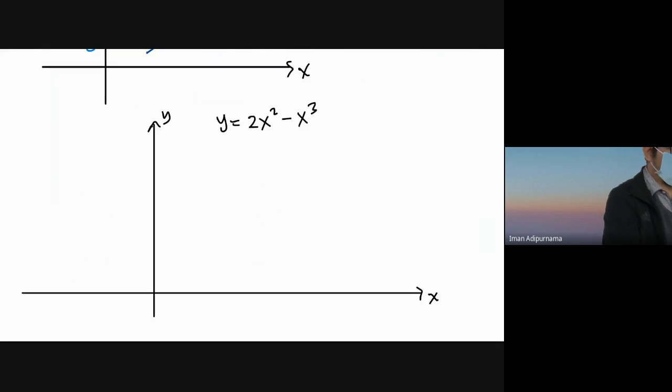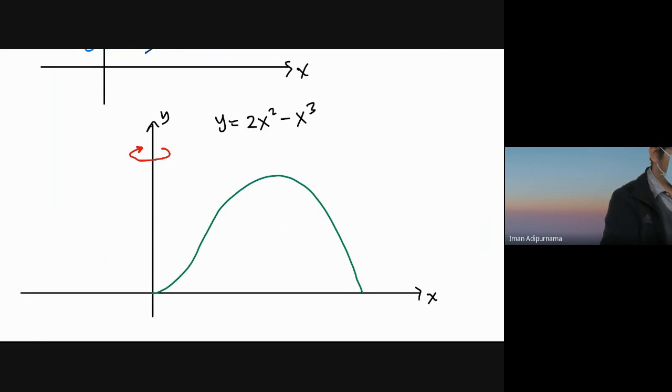If you draw this in a graphing calculator, you'll get something like that. If you want to rotate this, and you want to know the area here, this is the region that you want to compute.